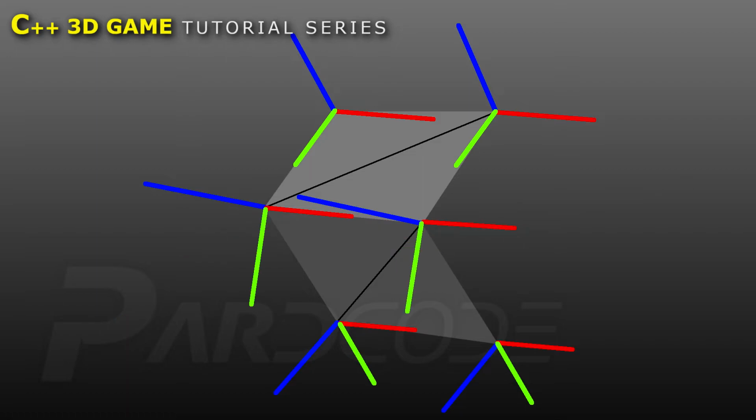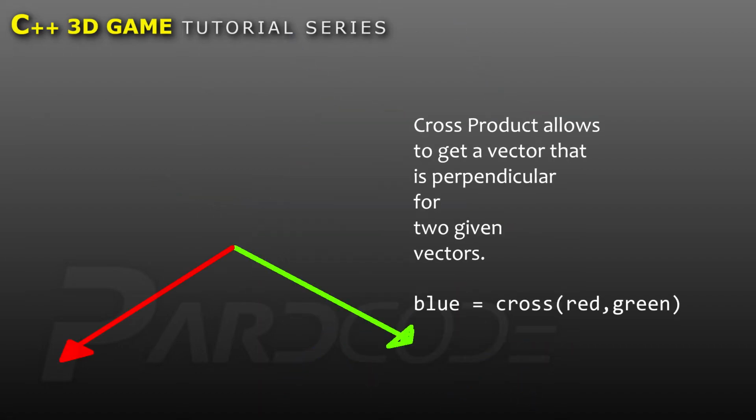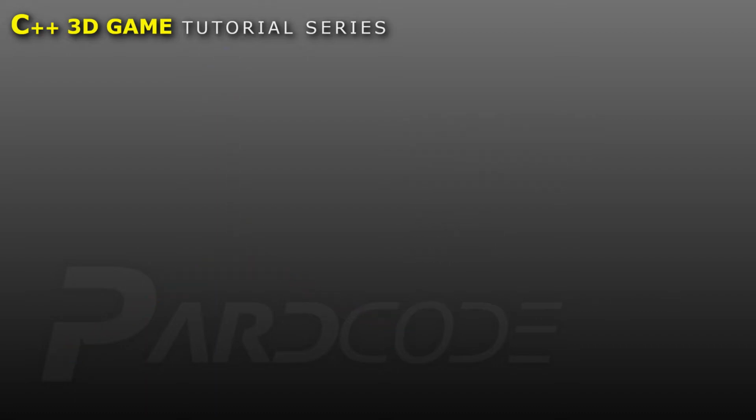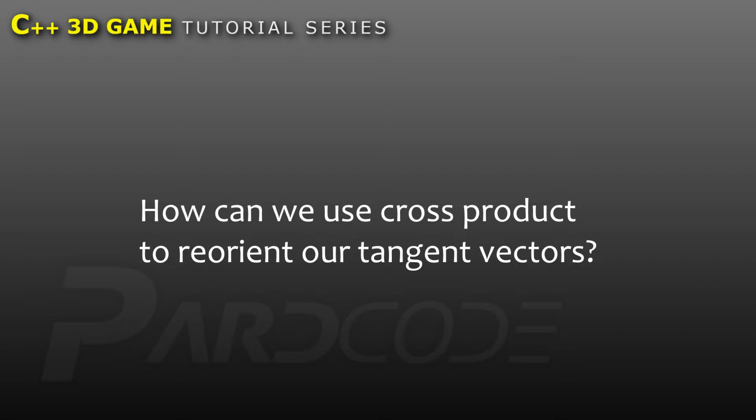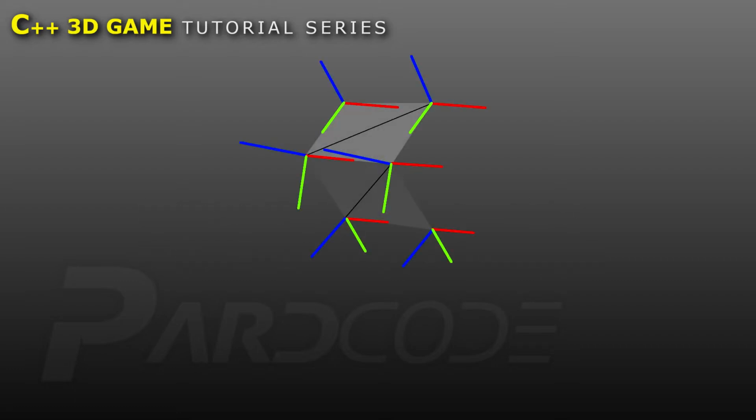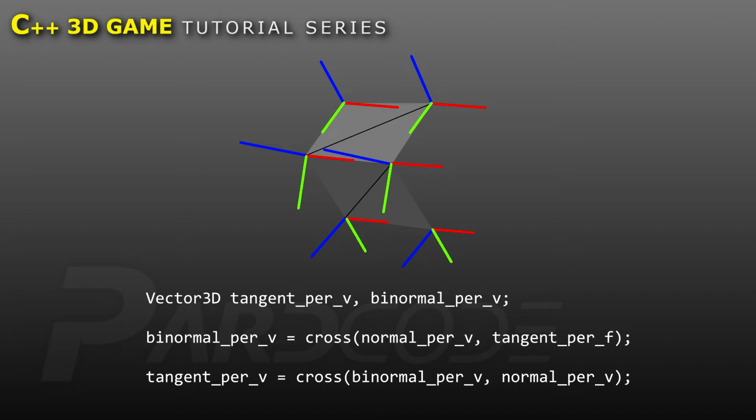This can be done with a very useful function called cross product. In few words, cross product allows to get a vector that is perpendicular for two given vectors. Good, how can we use this function to reorient our tangent vectors? As first thing, we can make a cross product between the normal per vertex obtained from obj file and the tangent per face, obtaining a vector.